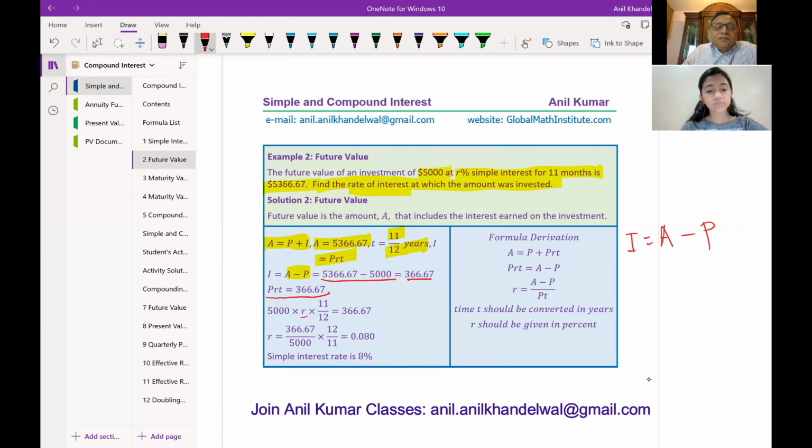After the first year, now the second year. So the amount after the second year will be interest on this, so this amount will be multiplied by 1 plus R. So we have P times 1 plus R times 1 plus R, which is P times 1 plus R whole square.